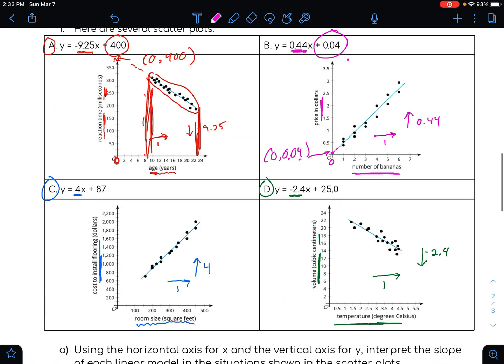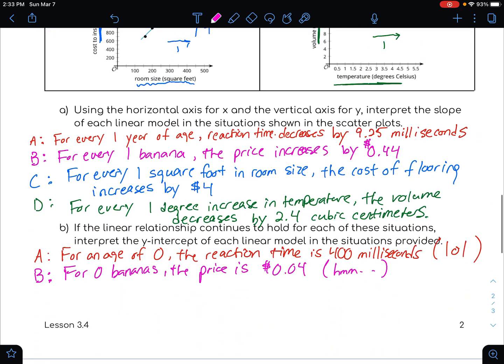But in terms of the linear model, if you extrapolate it all the way back to 0, then that's literally what would make sense. So once again, this data is probably going to really only make sense starting at 1 banana and continuing beyond that, but it doesn't make as much sense for the y-intercept. So you have to consider that when you're using this as an estimation.